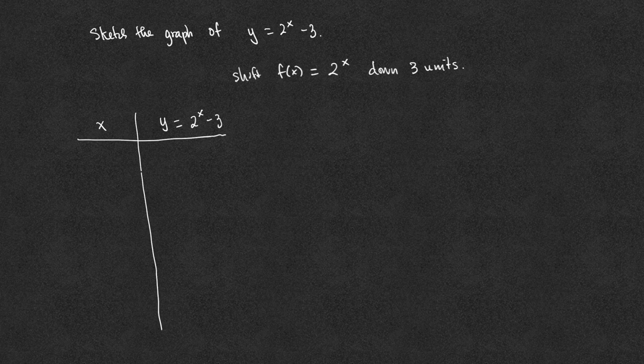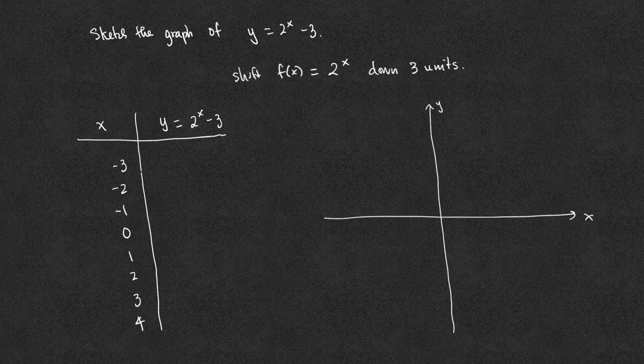Usually, we use numbers around 0: 0, 1, 2, 3, 4, or negative 1, negative 2, negative 3. We usually write the numbers in increasing order because on the coordinate axis, the x values go from the left to the right.